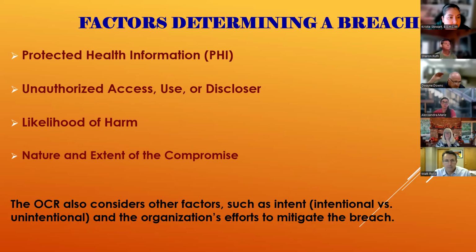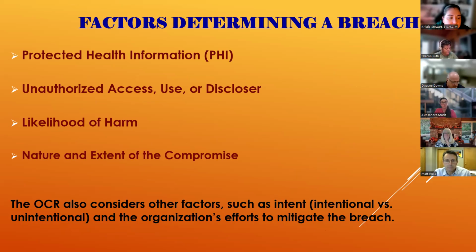So here are some factors that are determining a breach. Was the information involved protected information as defined by HIPAA? Unauthorized access, use, or disclosure. Did someone gain access to PHI who wasn't authorized to do so, or was PHI shared inappropriately?